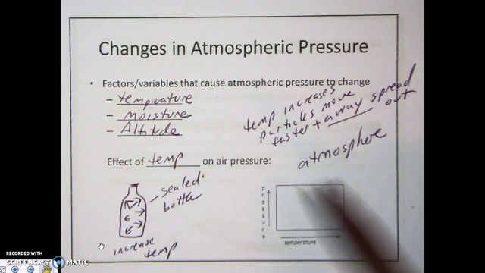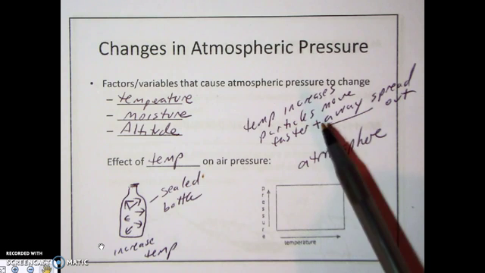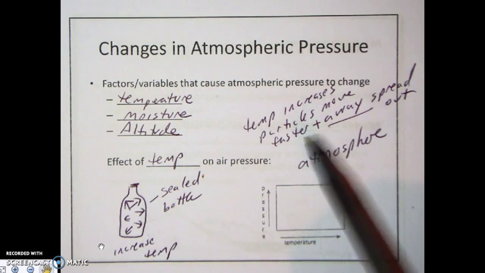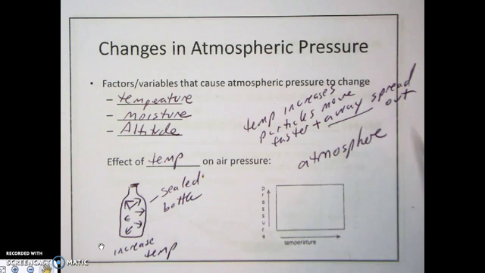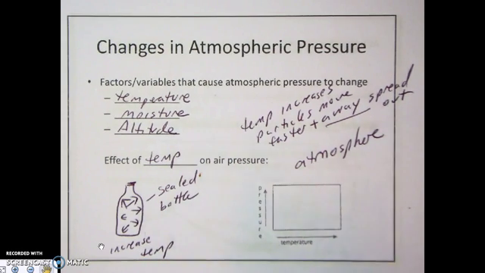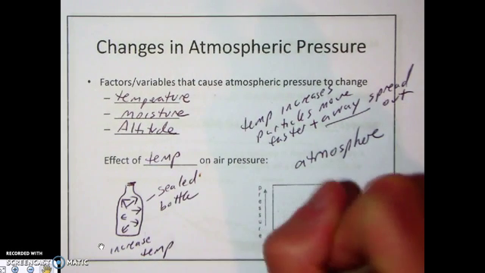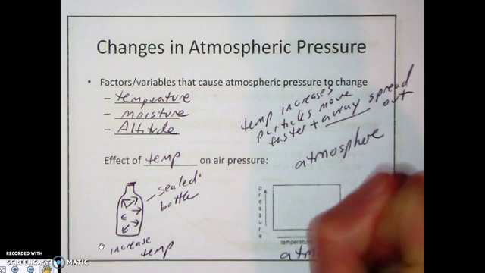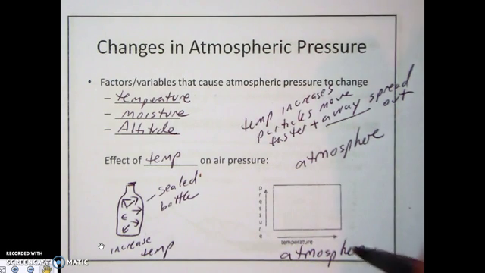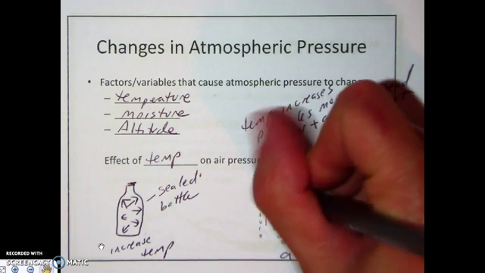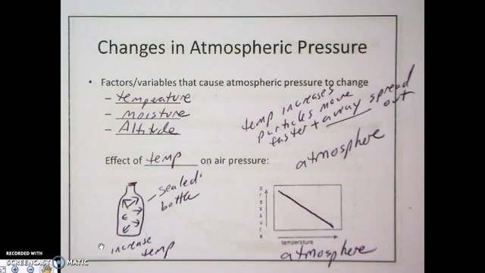But without a bottle, the hot air particles start moving faster and they start moving away from each other and they start spreading out. And if the air is more spread out, it's less dense, which means there's less pressure. So if we're talking about the atmosphere, an increase in temperature is actually going to correspond with a decrease in air pressure.